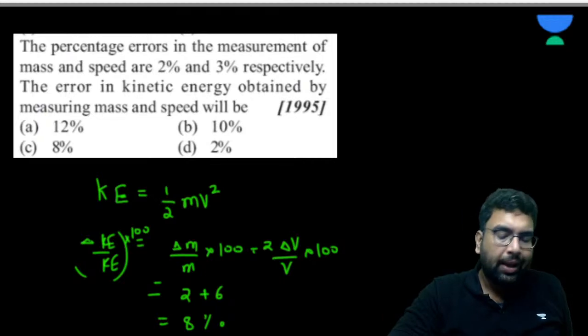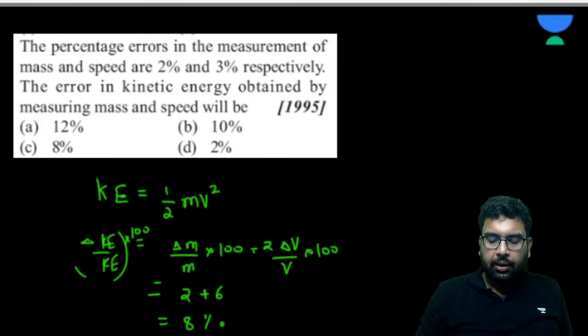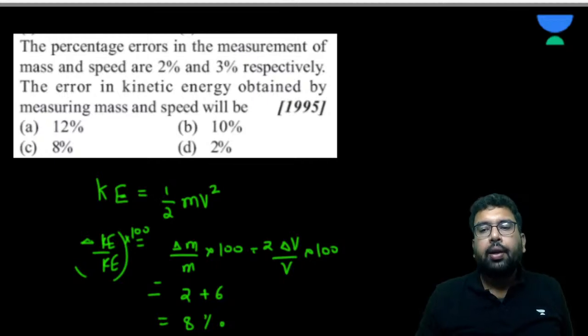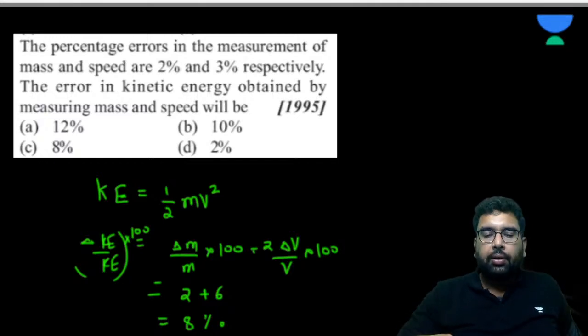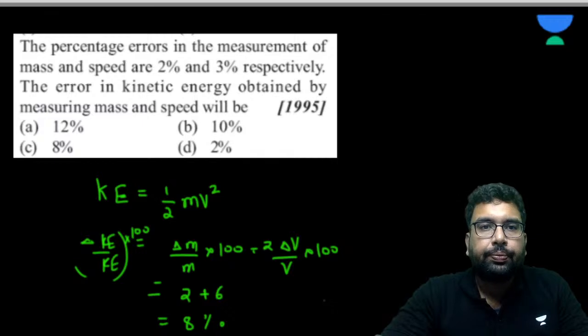Chalo, anyway, there are one or two similar sets of questions left. I think we can call it a day for this session. Let's see how many questions we have done today.